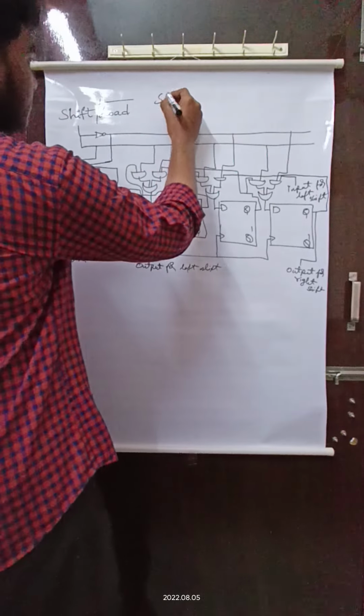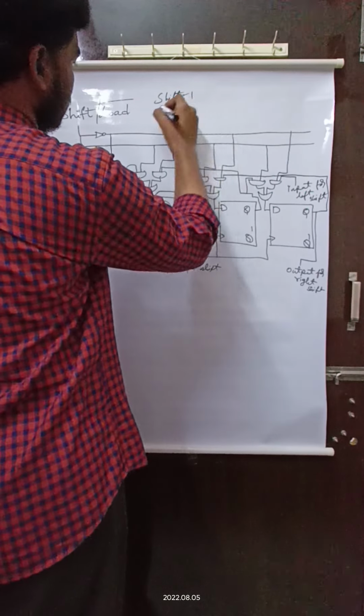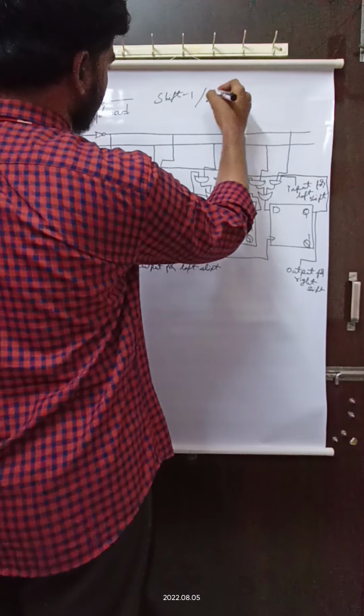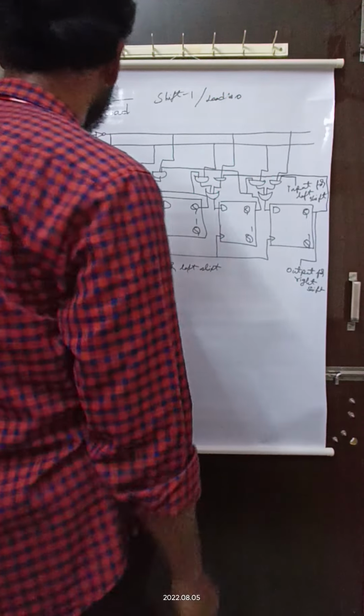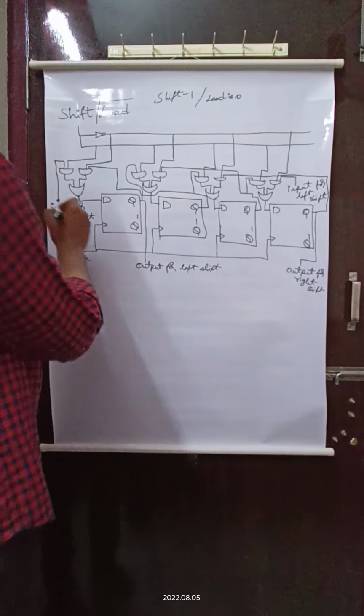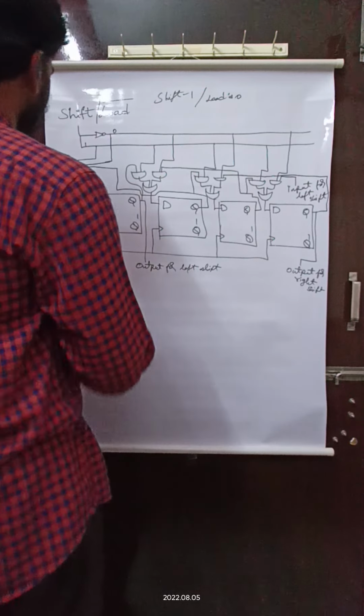Suppose the shift bit is 1 or the load is 0. When the shift is 1, here the bit is 1 and here the bit is 0.